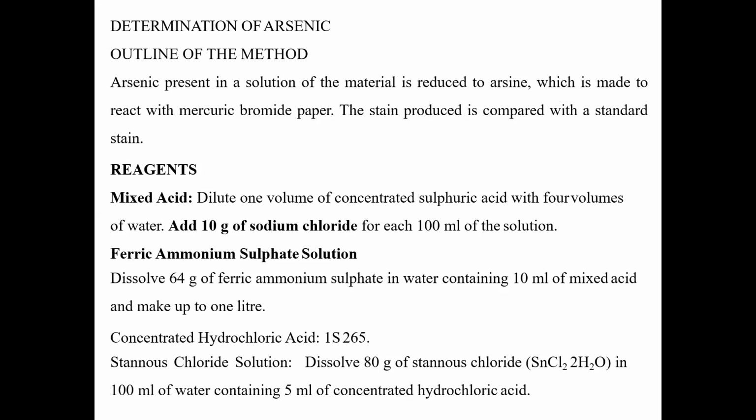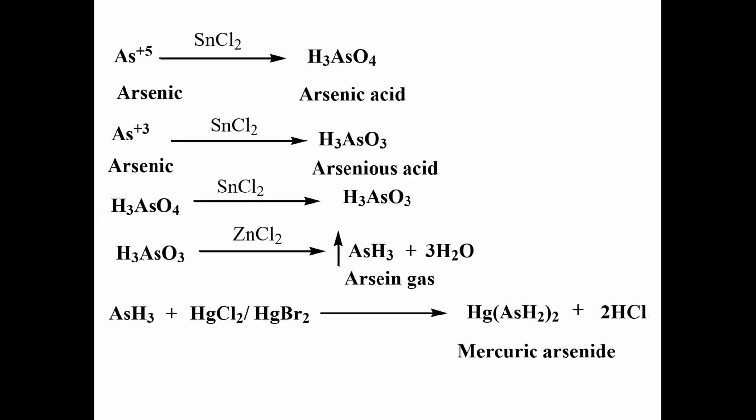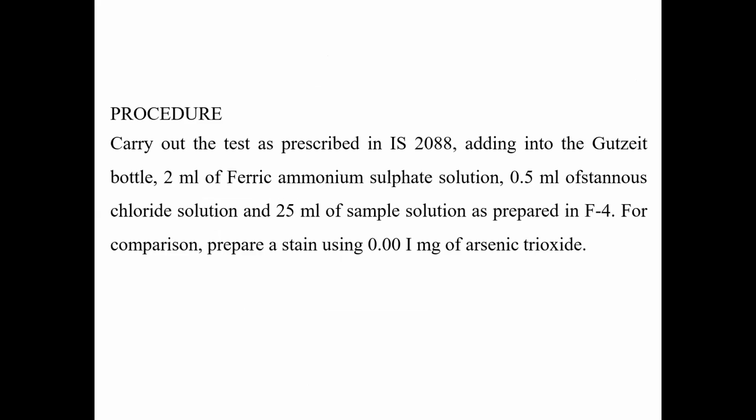The reagents given are ferric ammonium sulfate solution, stannous chloride, and HCl. These are the various reactions. This is also as good as the modified Gutzeit test, the limit test for arsenic.